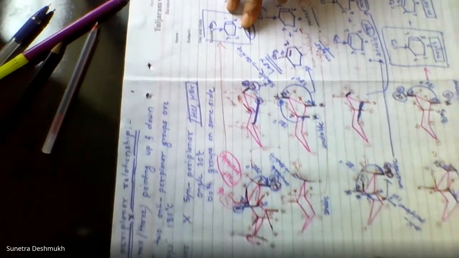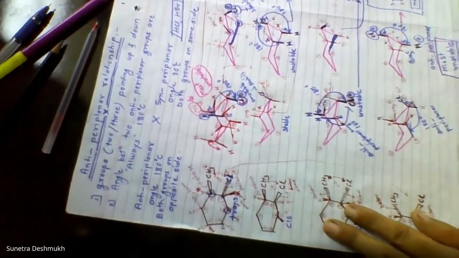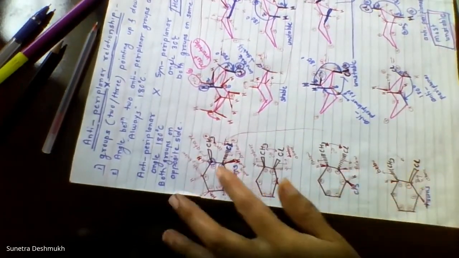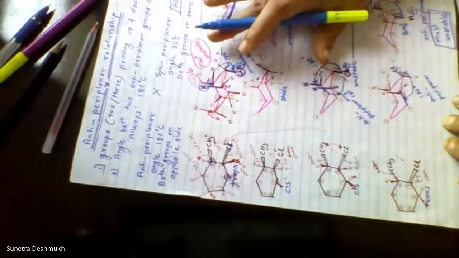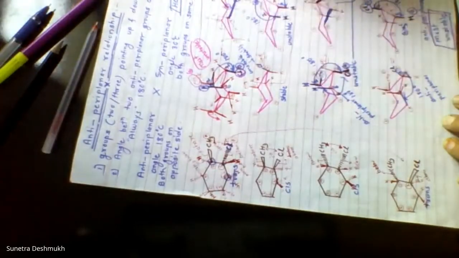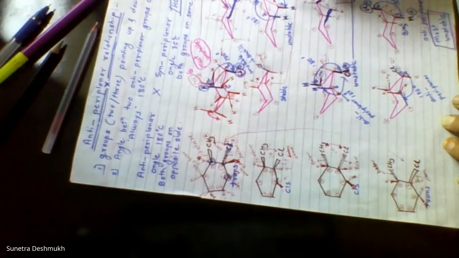So in this way I am trying to explain why it is important to draw each and every orientation of stereochemistry in chair conformation. Once you learn how to draw the orientations of these four things, go on to draw the chair, try to figure out which one is the most stable first, which one is the most unstable first.